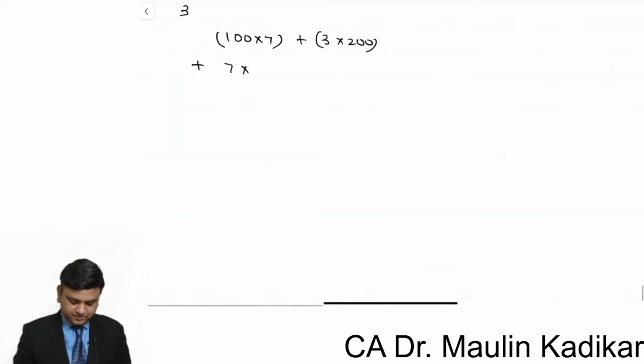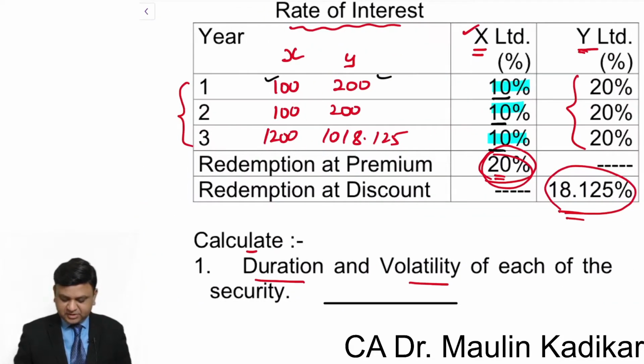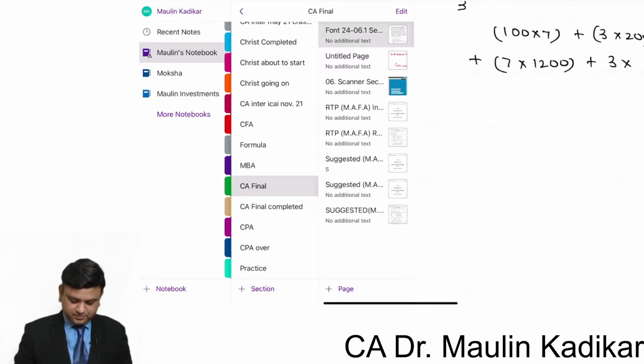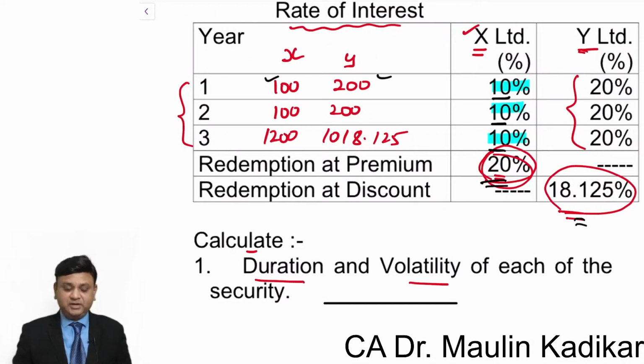7 into, as far as the redemption value of the security X is concerned, it is at a premium of 20%. So in that case you will get an amount of 1200, plus 3 into the redemption value for the security Y, which would be at a discount.